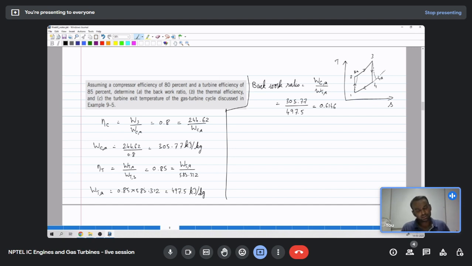Now we can calculate thermal efficiency. For thermal efficiency we need to calculate Q in. Now it is enthalpy 3 minus enthalpy 2A.